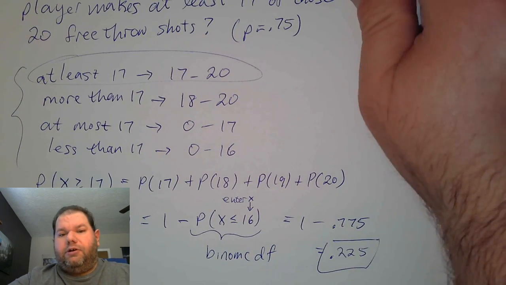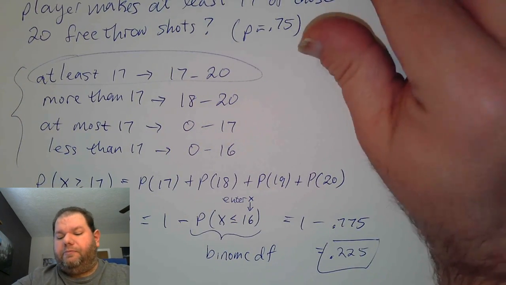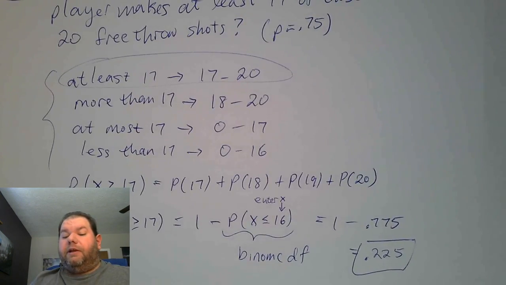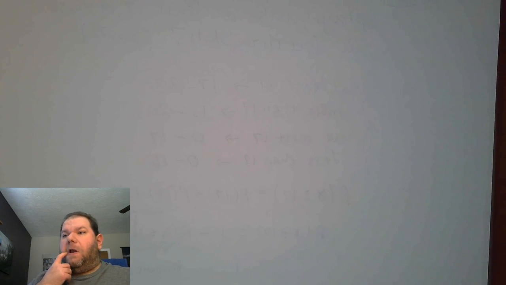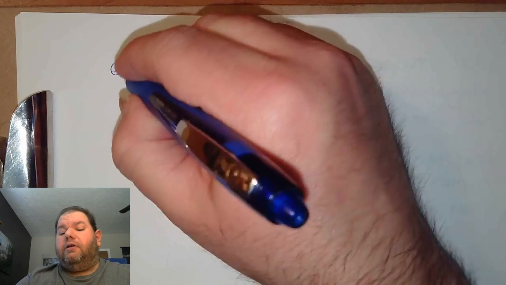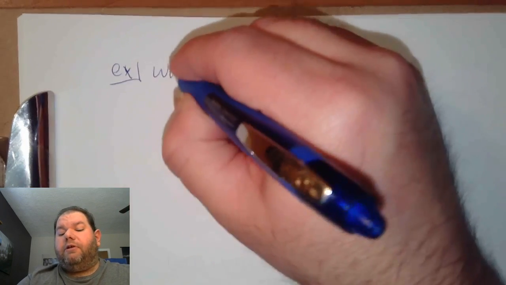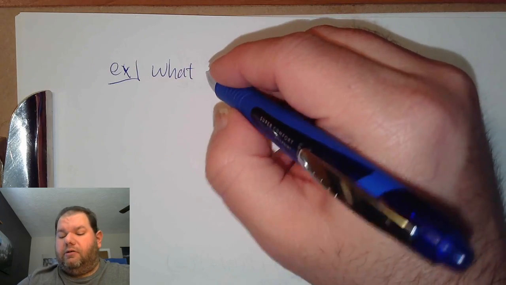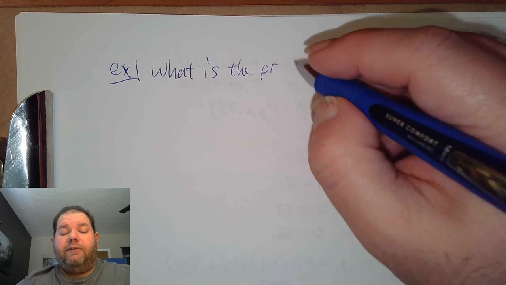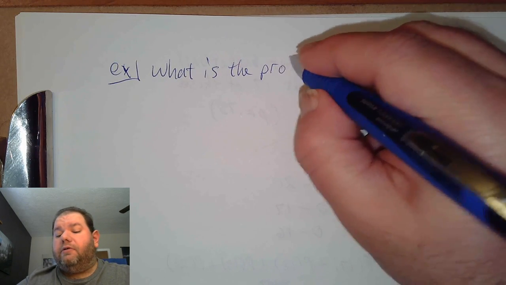So one other question here. We looked at least 17. Another question we could ask is, what is the probability that our basketball player makes less than 7 free throws?